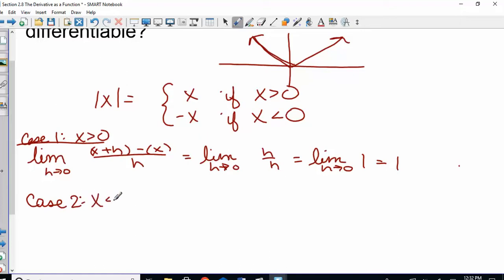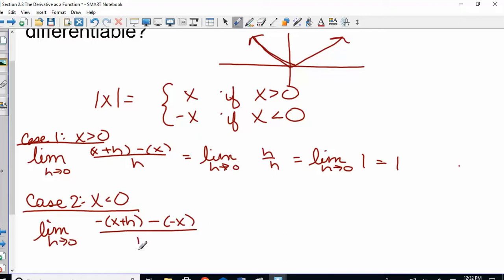All right, what if x is negative? Then we would be on the second piece. So f of x plus h would be the opposite of x plus h, minus f of x, so minus negative x, over h.